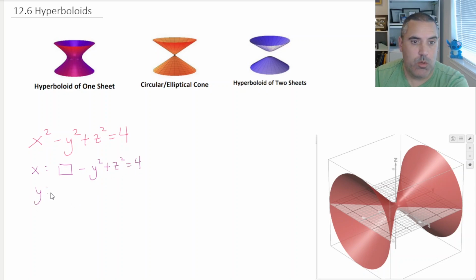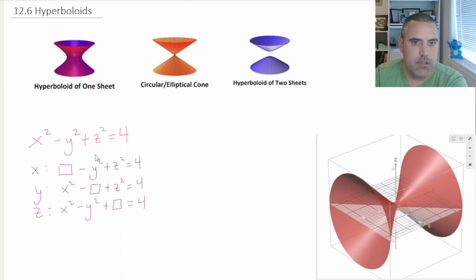And then if you fixed y, you treated that like a constant, you could identify that shape. And if you fix z, you could identify that shape in 2D. So let's do that real quickly. What are the names of those curves in 2D?